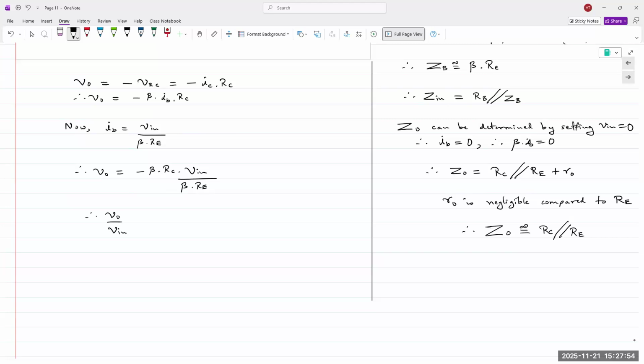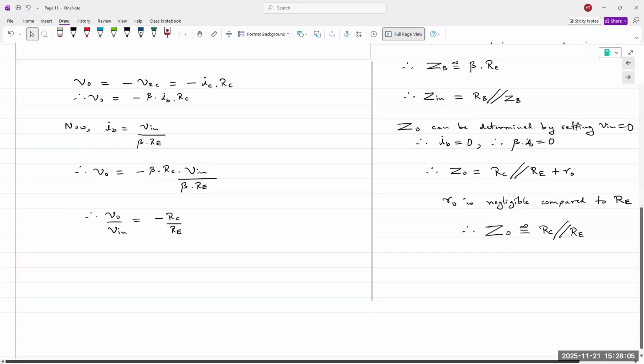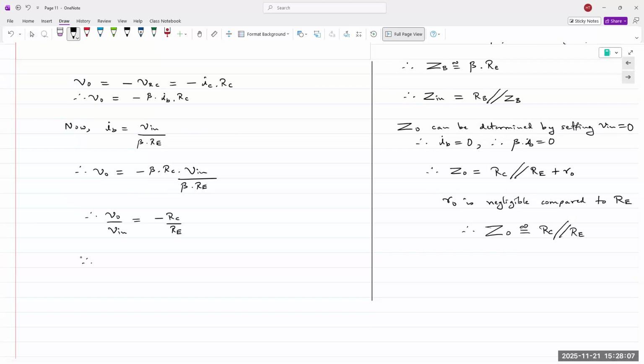Therefore, V out over V in is minus RC over RE. That's how we arrive at that expression.